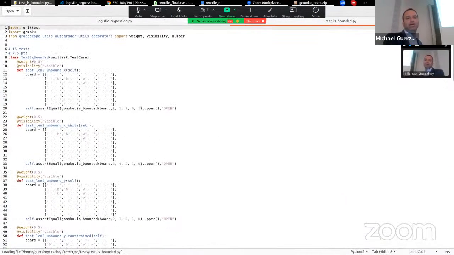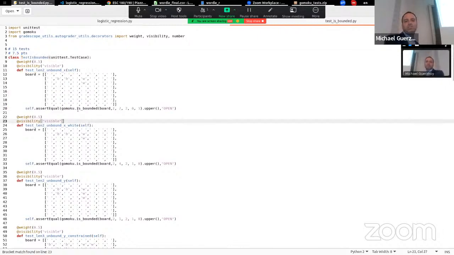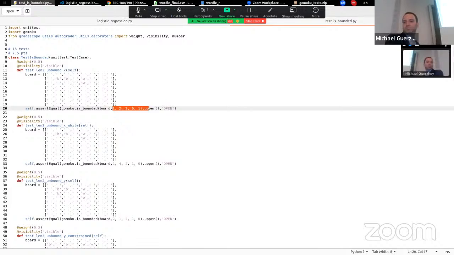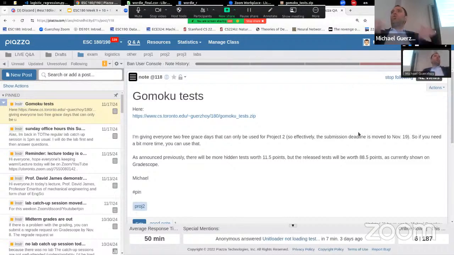For example, test is bounded, and you can copy the board and see that we're calling is bounded with those arguments. So if you're stuck on a particular test, you can do this. Those are the tests that were already on Gradescope from the get-go. That's nothing new. It's just to help people debug.